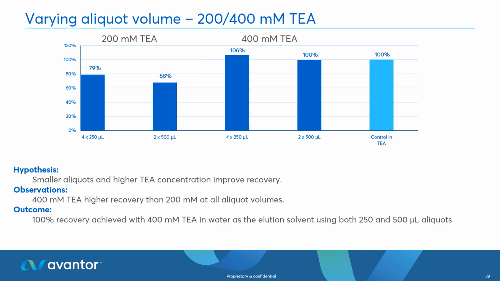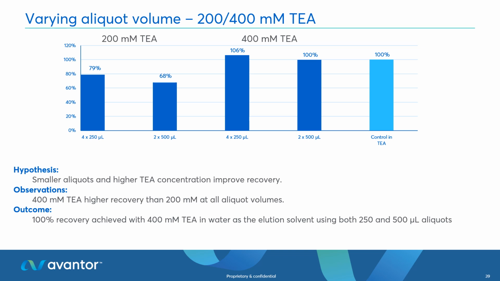The next stage was then to investigate the difference between the different concentrations of TEA in the eluting solvent. So in this example, we're looking at eluting with either 200 millimolar TEA or 400 millimolar TEA. And to emphasize the point about multiple elutions, within each of those sets, we're looking at a subset that looks at differing numbers of elutions, albeit the same total volume.